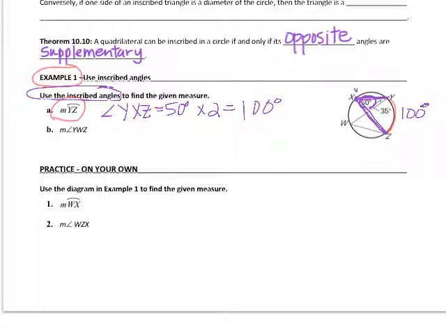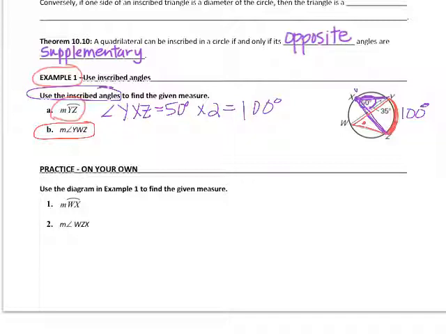Now we need to find the measure of this angle, the measure of angle YWZ. We start at Y, we go to W, we end at Z. So what is the measure of that inscribed angle? Well, you can see that the chords end at Y and at Z, so it's going to make up that same exact arc.